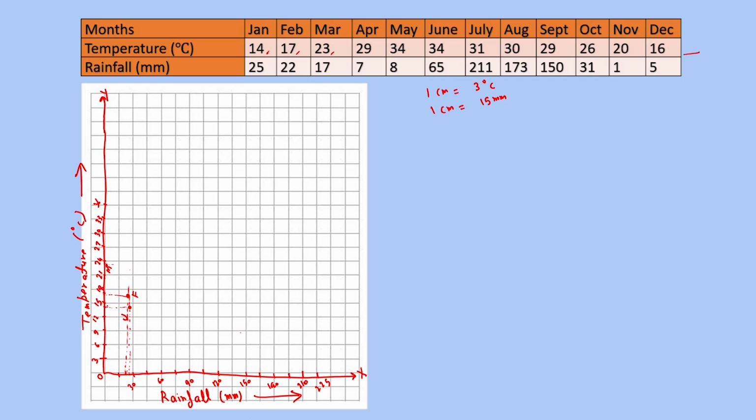The same thing we will do for the other months: April, May, June, July, August, September, October, November, December. After getting these points, we will join every point with a straight line.